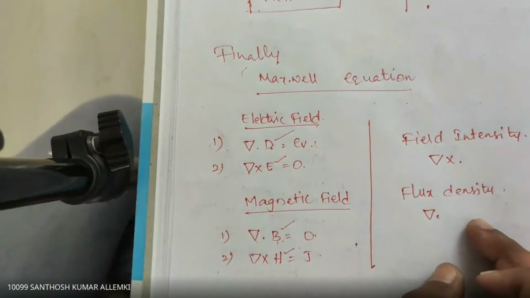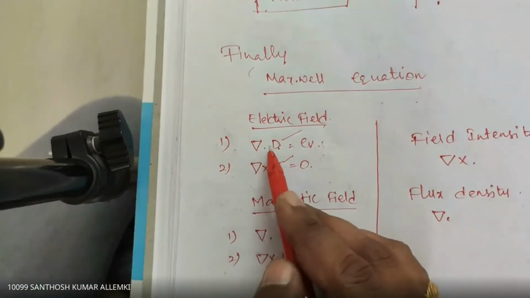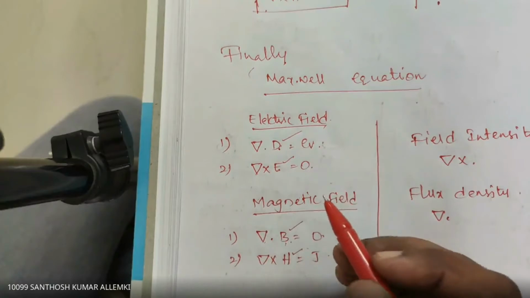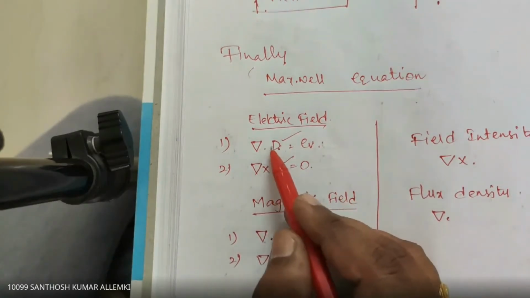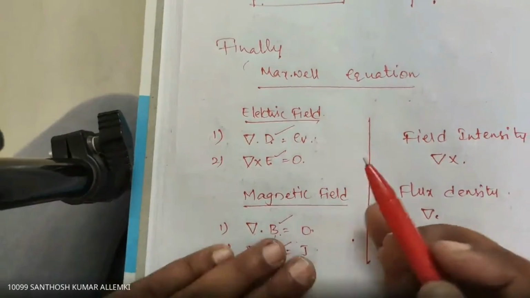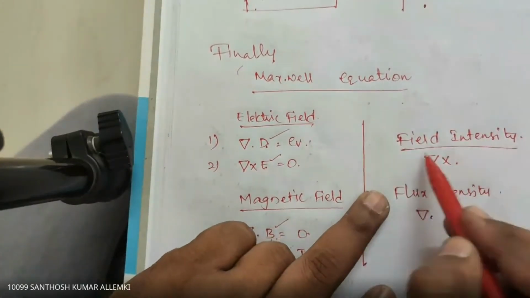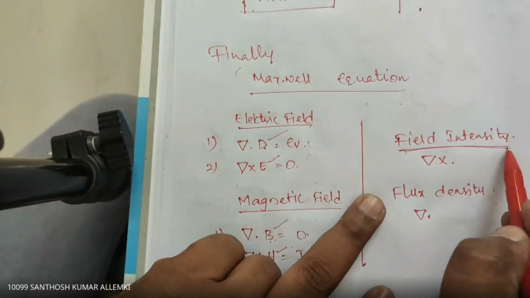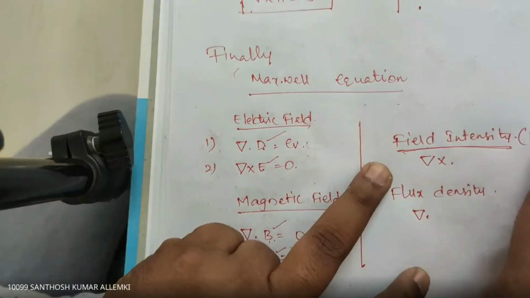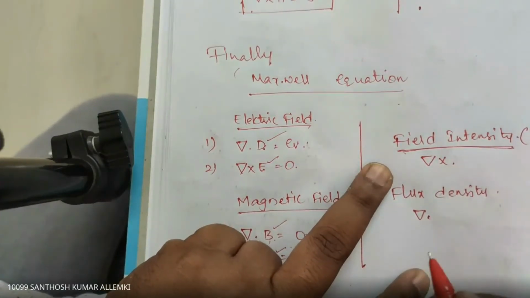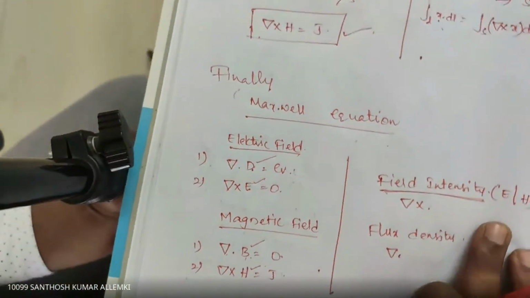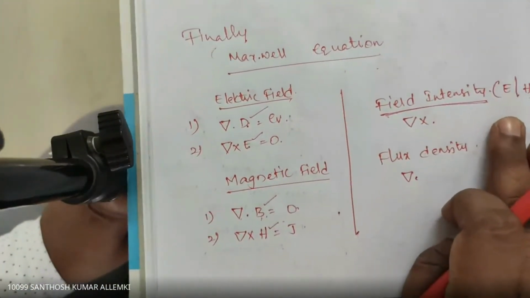Most of the students will get confused here whether it is a dot product of D or a cross product of D. Some students write del cross D, del dot E. To avoid those confusions, just go with this: field intensity means either E or H, that is electric field intensity or magnetic field intensity.